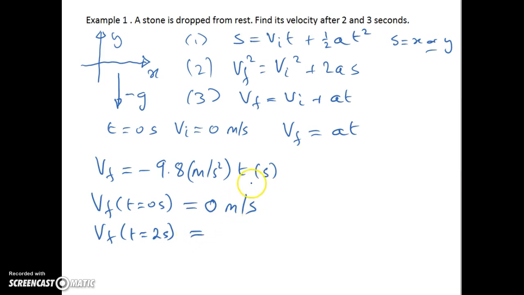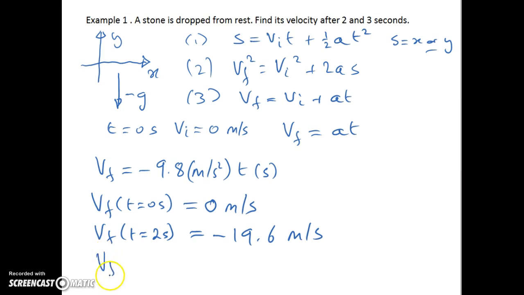So substituting in 2 times 9.8 should be very close to 20. It's actually minus 19.6 meters per second, and the minus sign tells us that the velocity is downwards in our diagram, that the stone is falling downwards. So that makes sense.